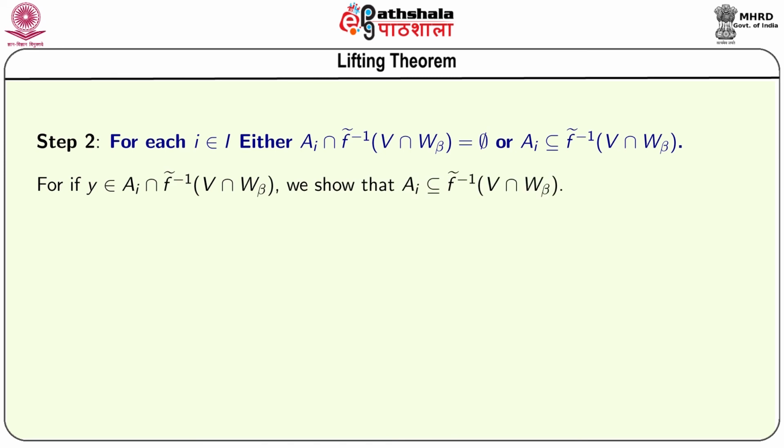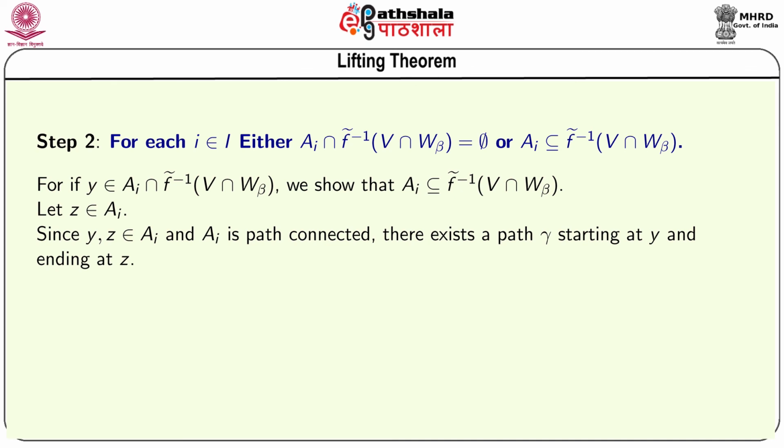For if y is taken from this intersection, we shall show that A I will be totally within that set. Let us take z from A I. Since y and z both are in A I and A I is path connected, there exists a path gamma starting at y and ending at z.